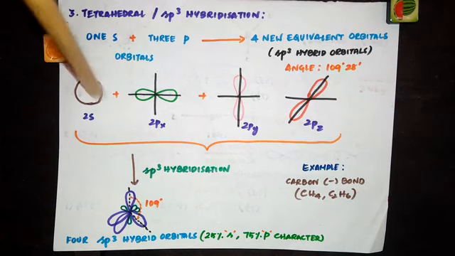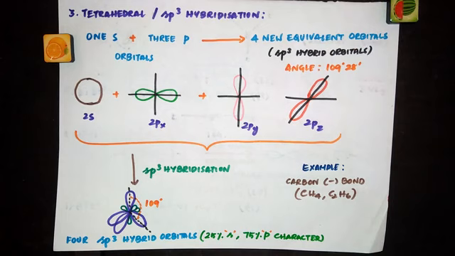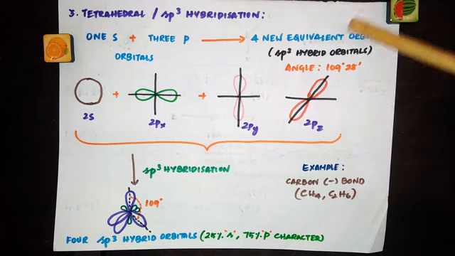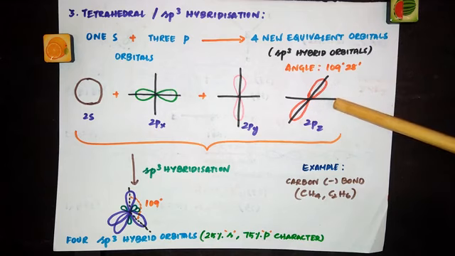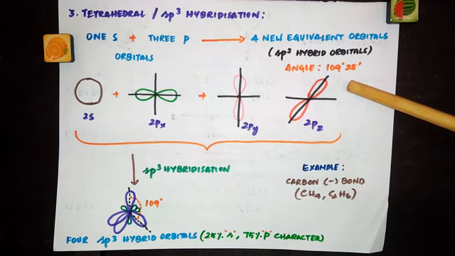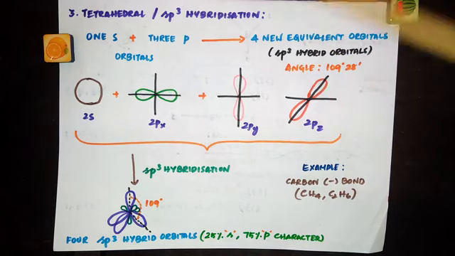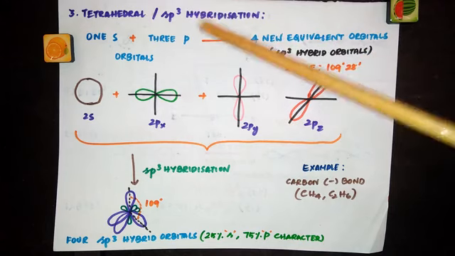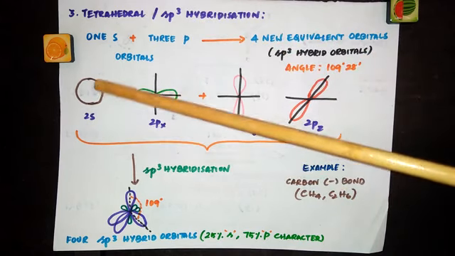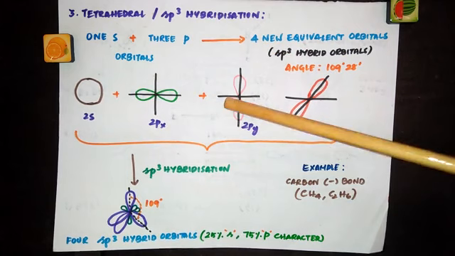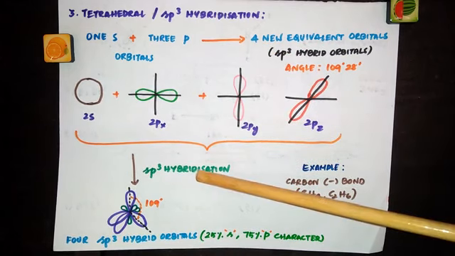And these 4 hybrid orbitals are directed towards the 4 corners of a regular tetrahedron. So they make an angle of 109 degrees 28 minutes. So this is the angle in the case of tetrahedral hybridization or sp3 hybridization. Now see, 1 s orbital and 3 p orbitals are undergoing hybridization.